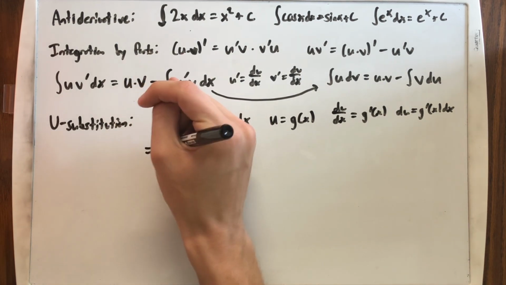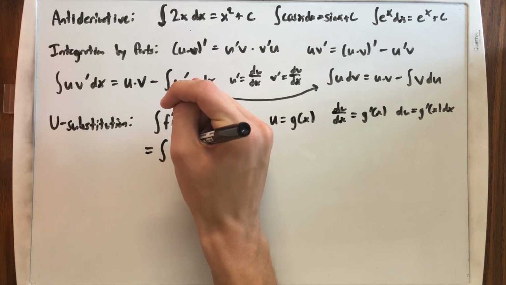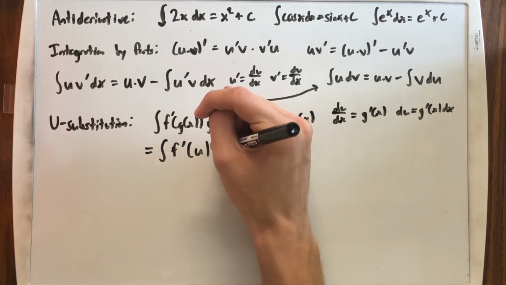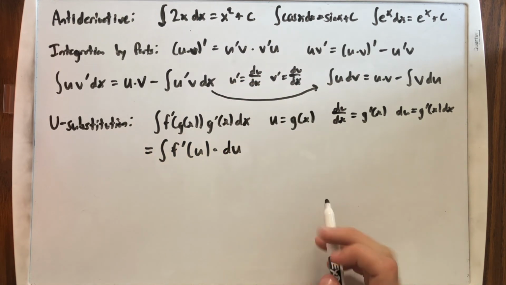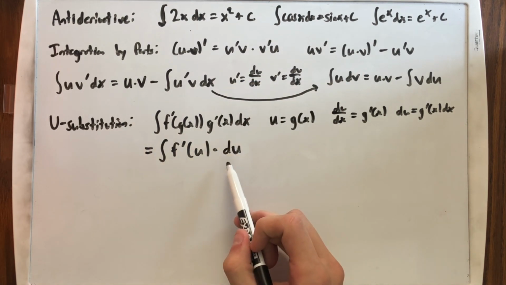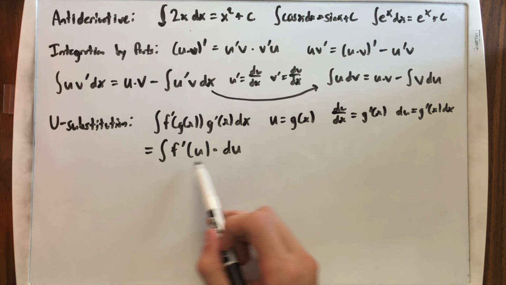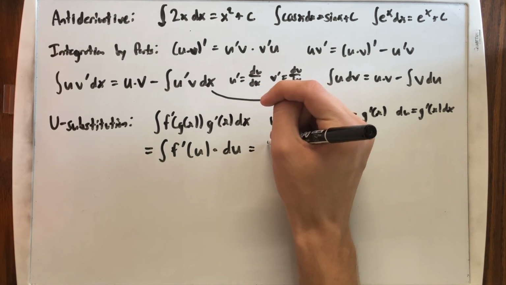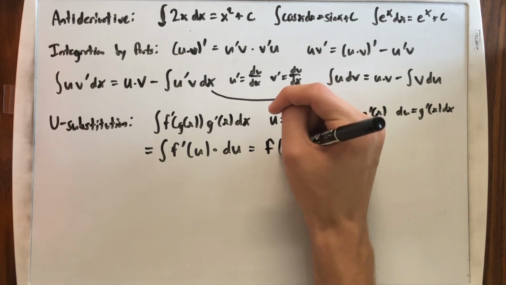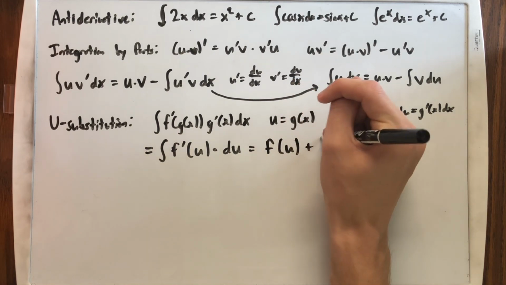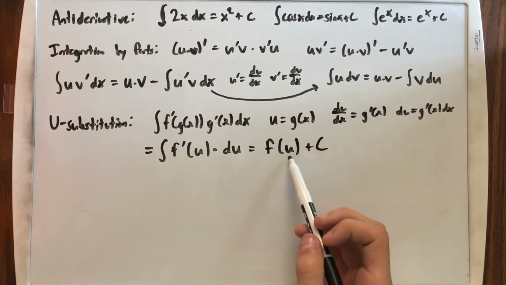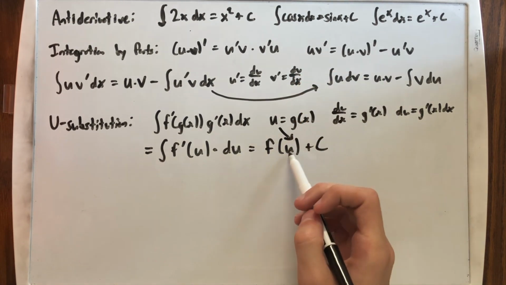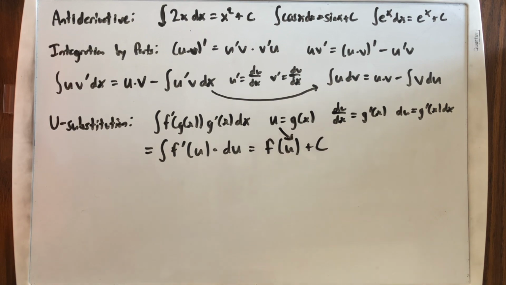So this is equal to the integral of f prime of u times du, since this entire thing would just be du. And this we can solve just like any other antiderivative, where it would just be equal to f of u plus some arbitrary constant. And then you can plug in g of x everywhere that you see one of these u's at the end, and you'll get your answer.